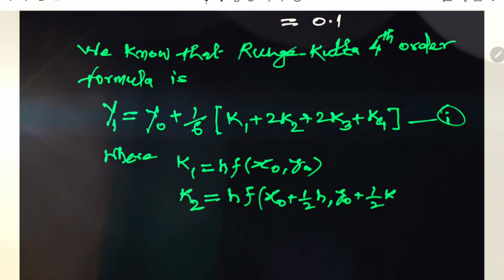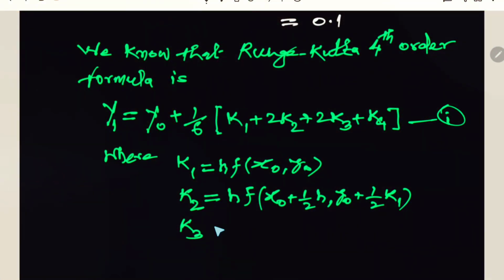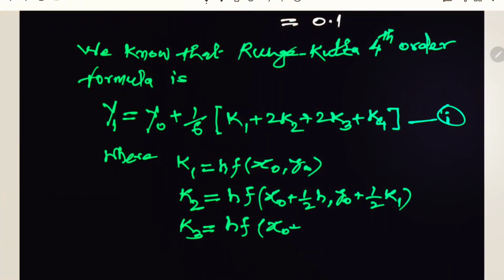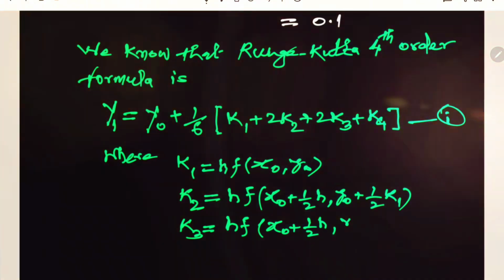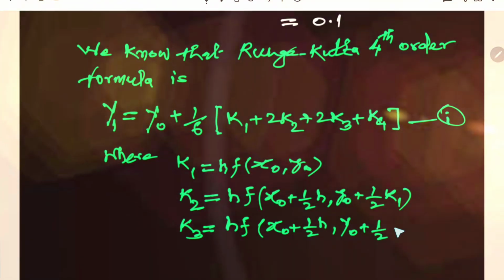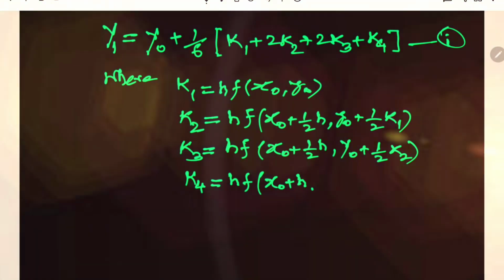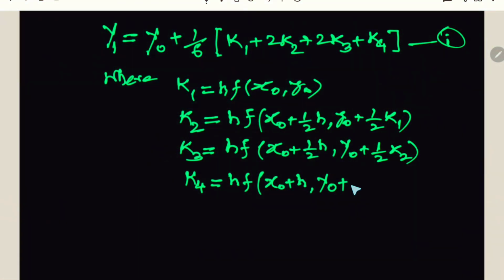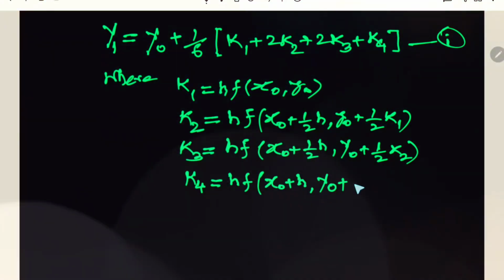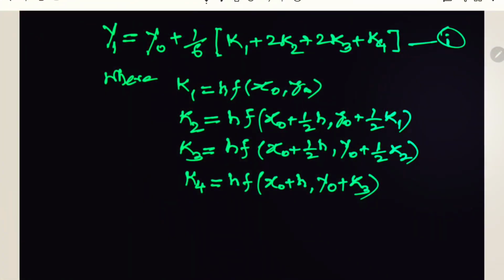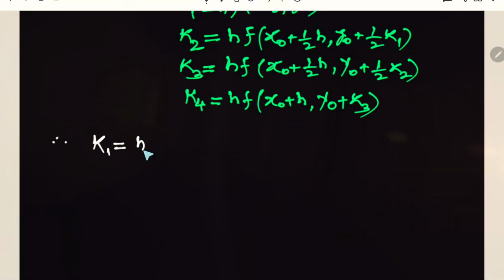Then k3 is equal to h f of x0 plus half h and y0 plus half of k2, and the last, k4 is equal to h f of x0 plus h and y0 plus k3. Therefore, we need to obtain these four values for the given differential equation. So we start to calculate all those values.